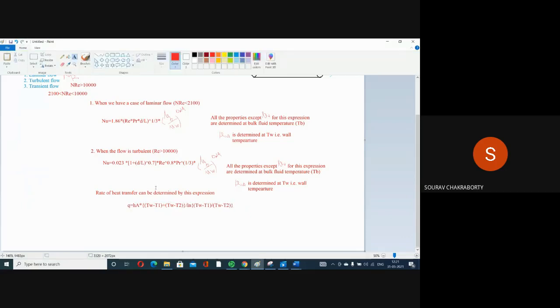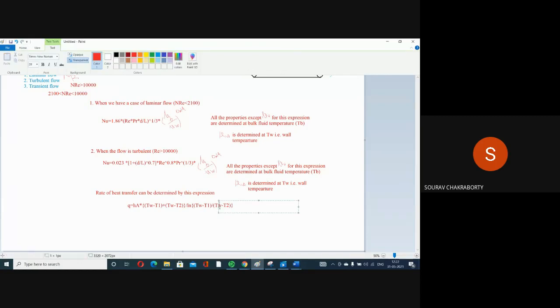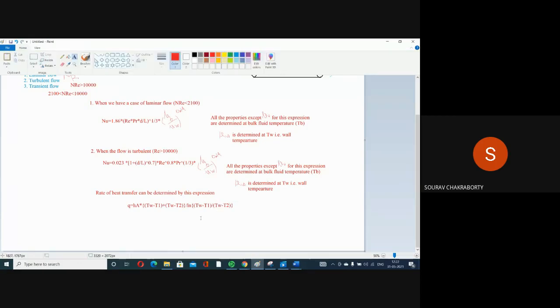So in this particular case, if we need to find the heat transfer coefficient, we can find it on the basis of this expression: Q will be equal to HA into (TW minus T1) plus (TW minus T2) divided by ln of (TW minus T1) divided by (TW minus T2). On the basis of this expression, we can determine the amount of heat transfer.